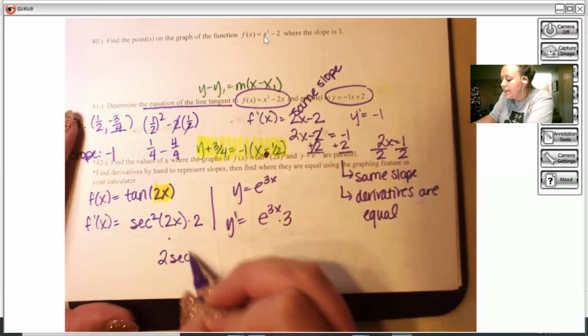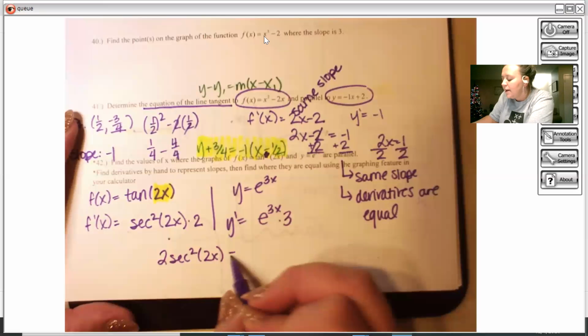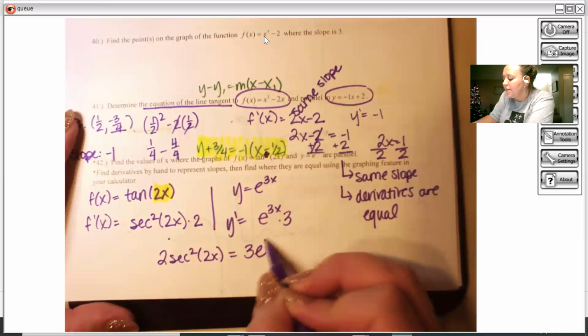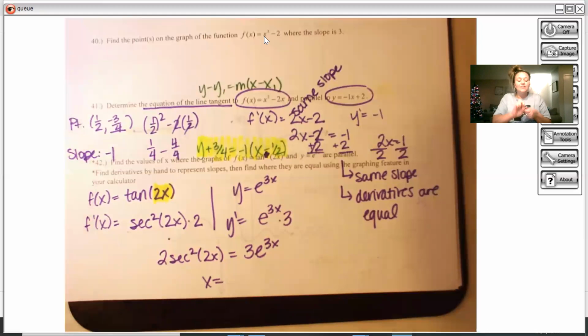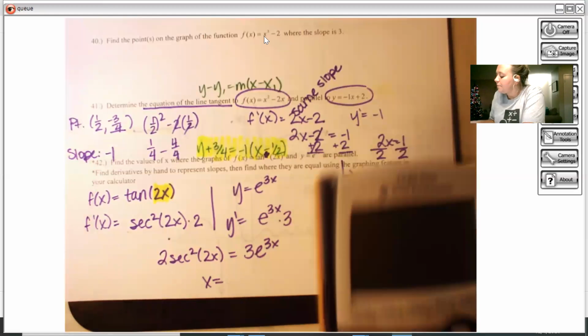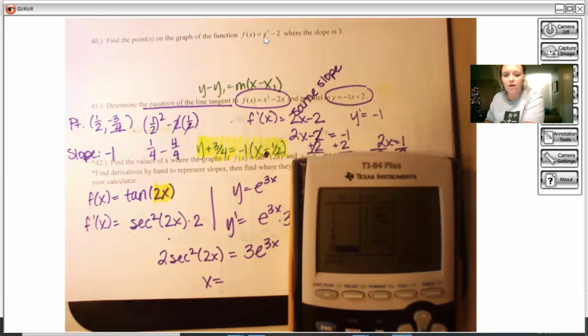So 2 secant squared 2x equals 3e to the 3x. Then I'll solve in the calculator, but I still need to set up on my paper that I'm letting those two things be equal to each other. So here we go. I'm going to type in the 3e to the x as my y1.